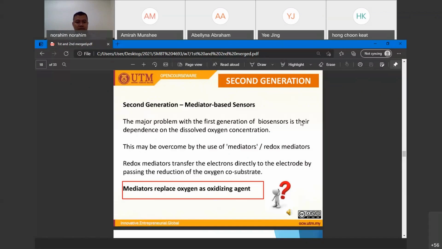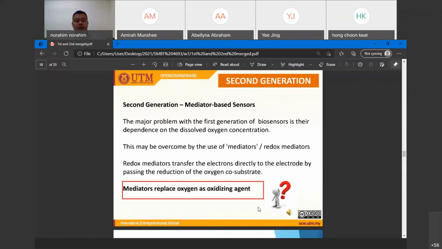This problem with the dissolved oxygen concentration can be overcome by applying mediators or redox mediators in the system. So redox mediators transfer the electrons directly to the electrode by bypassing the reduction of the oxygen co-substrate.